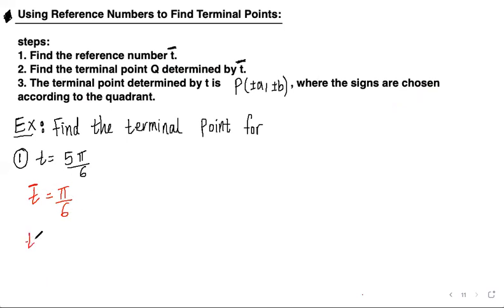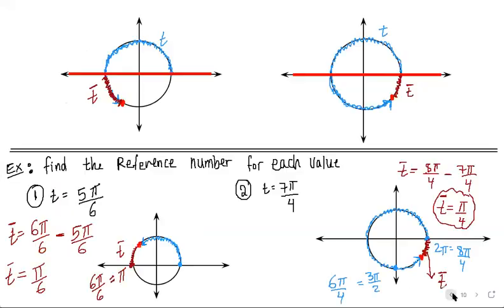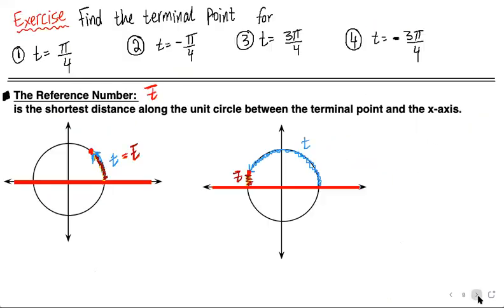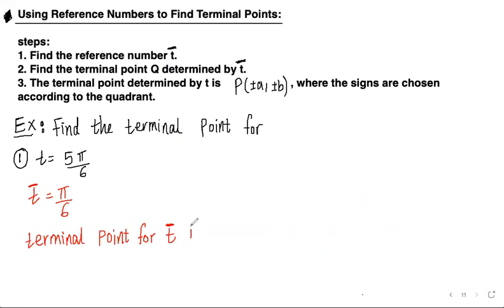The terminal point for t bar is from the table. Go back to the table. Pi over 6 is square root of 3 over 2 and 1/2.